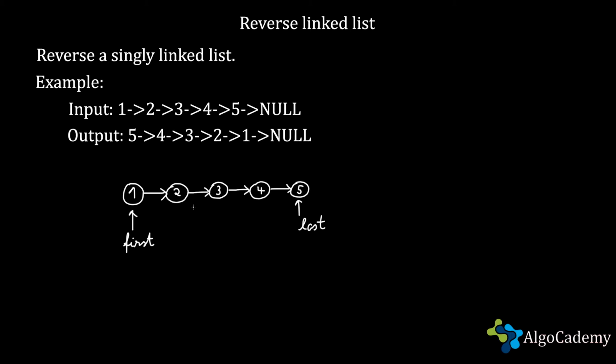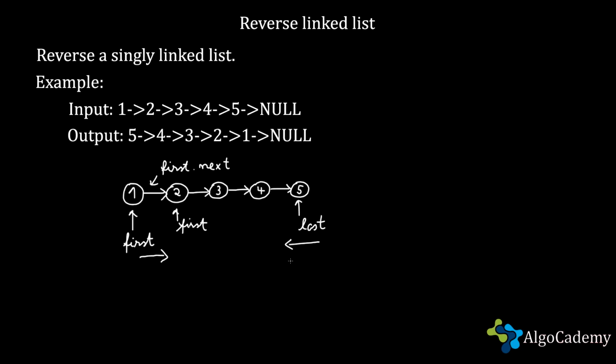But the problem here is actually moving these pointers, these indices, first and last. And to be specific, the problem is not when we want to move first 1 step to the right, because we know this link, right? If this is first, this link will always be first dot next, right? So we can always move to the next node. We can always move first to the right. But the real problem here is that we want to move last 1 step to the left.